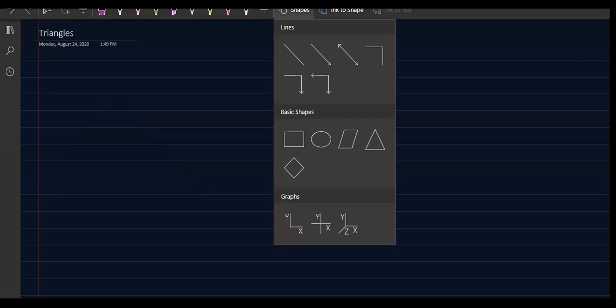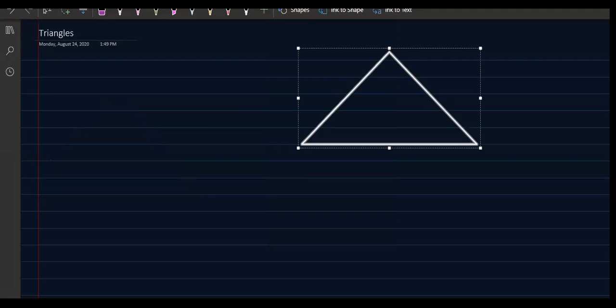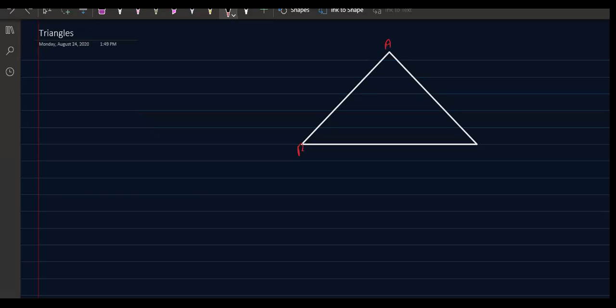Okay, so I can say that if I draw a line perpendicular from any vertex, so this is A, this is B, this is C, right?